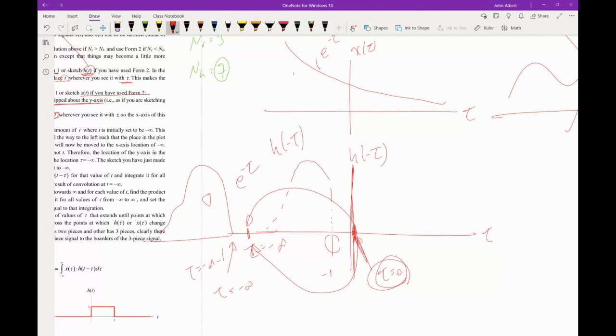In fact, think of the minus infinity there as an amount that is equal to t. Basically, I'm shifting that function by an amount equal to t, and I'm setting t to be equal to minus infinity.